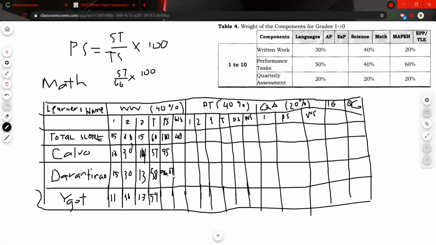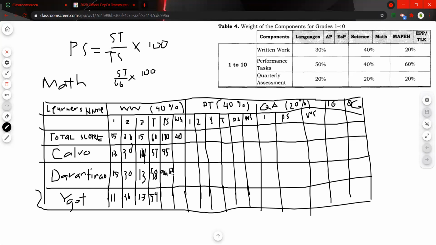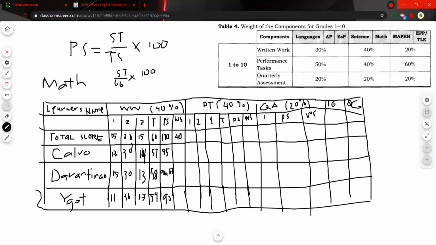It is confusing because there is so little space. Next, for Igot, 54 divided by 60, that is 0.9 times 100, and that is equal to 90%. Okay, 90%.